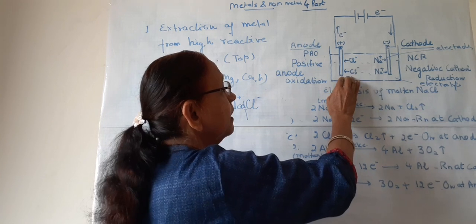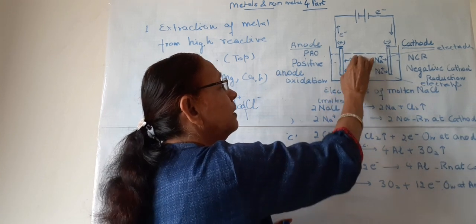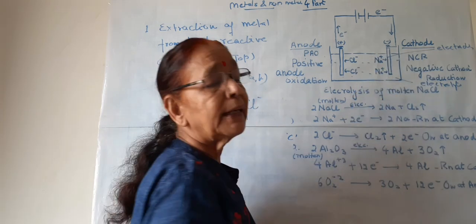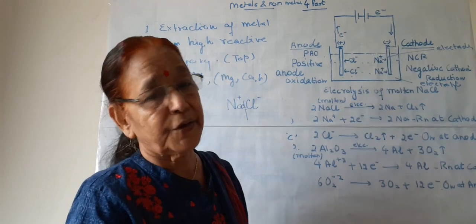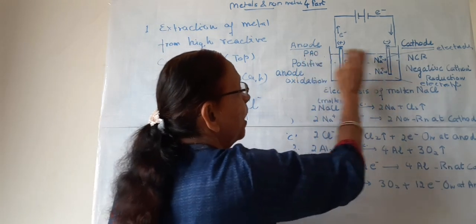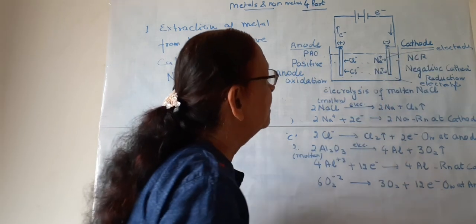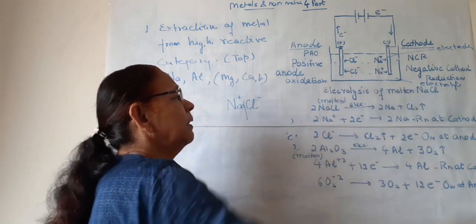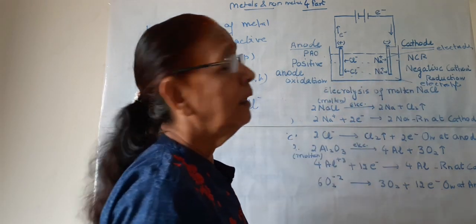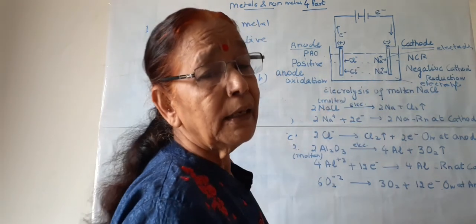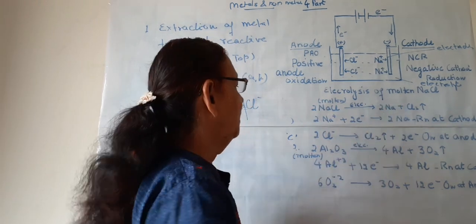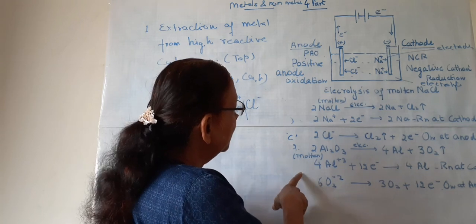So here chlorine is formed by oxidation and sodium metal is formed by reduction. You should know PAO and NCR, very easy to remember. So this is molten NaCl reduction to get sodium metal. We can take one more example.